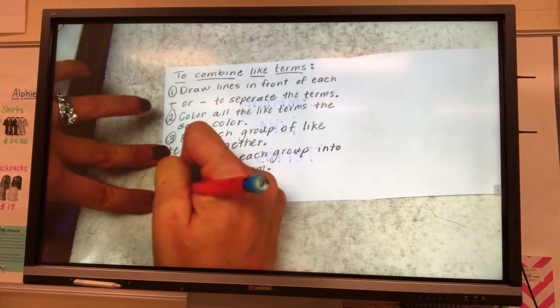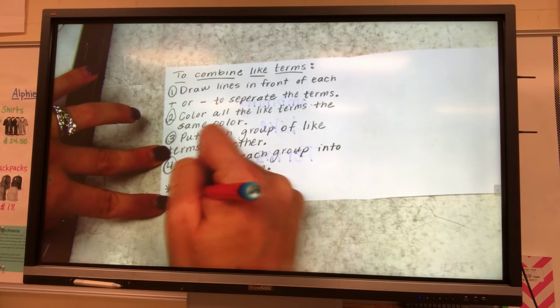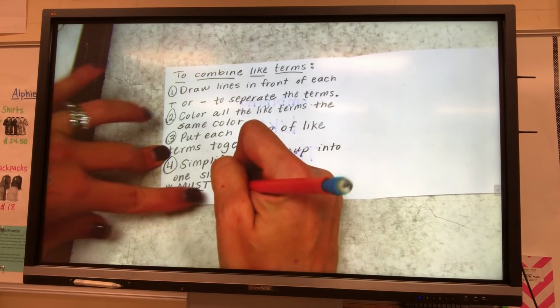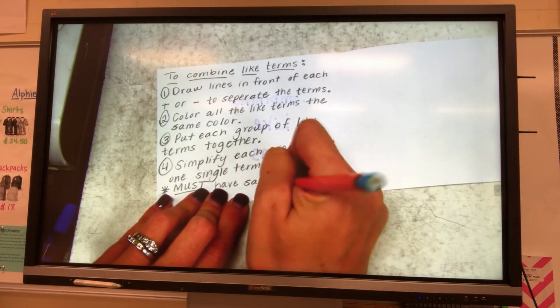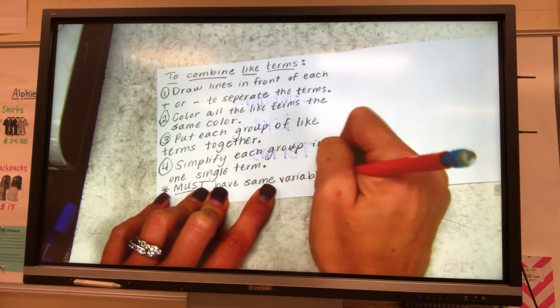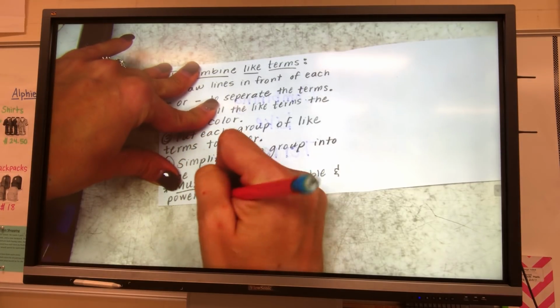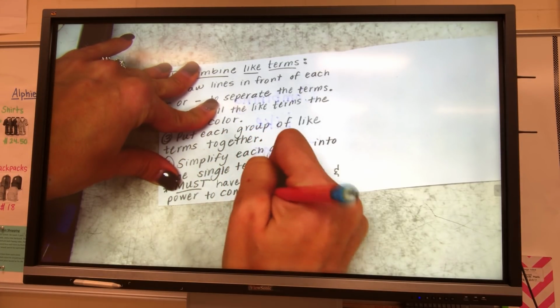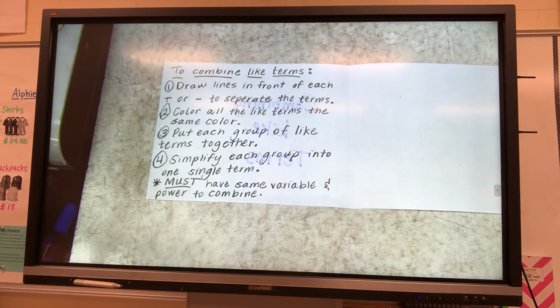Now here's something we need to add, a little star. Must have same variable and power to combine. So just like we talked about a while ago, you have to have the same variable and power to combine.